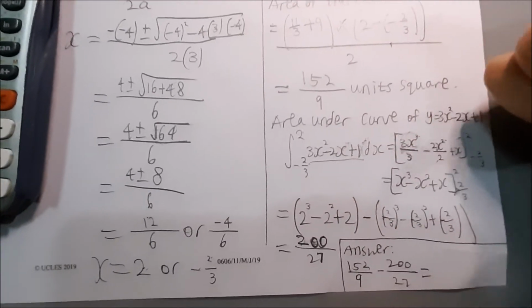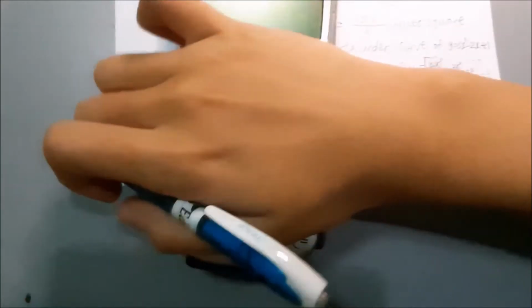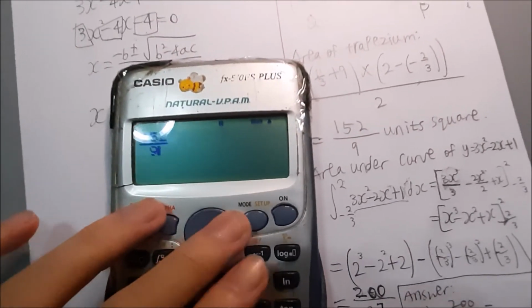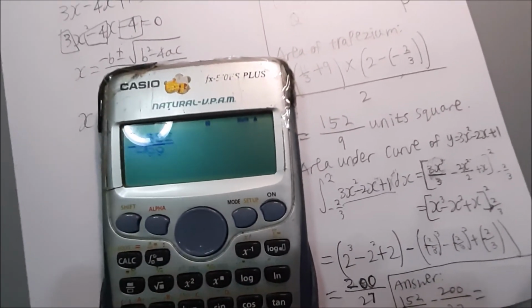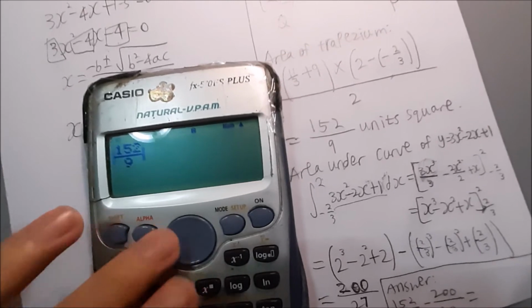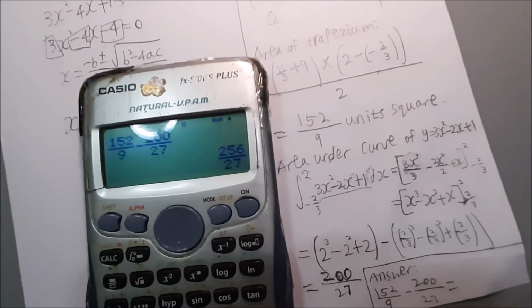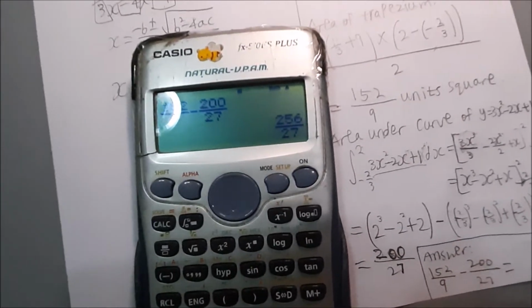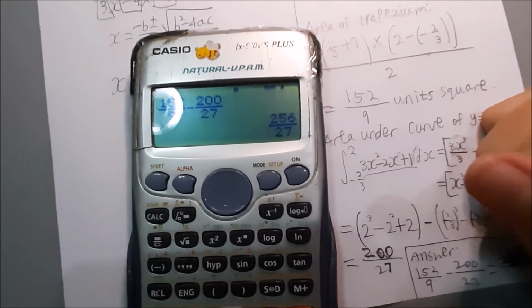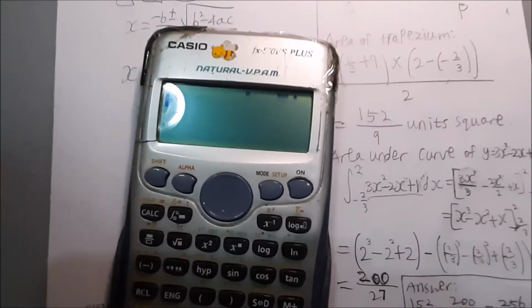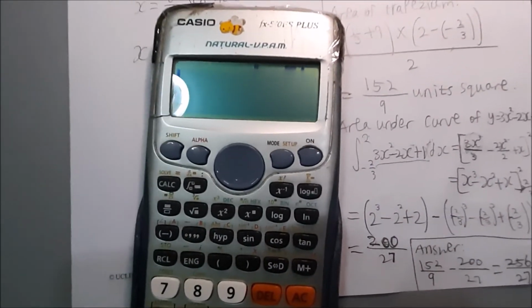So the answer is 152 over 9 minus 200 over 27, which gives you 256 over 27. So you get 256 over 27, and that is your answer.